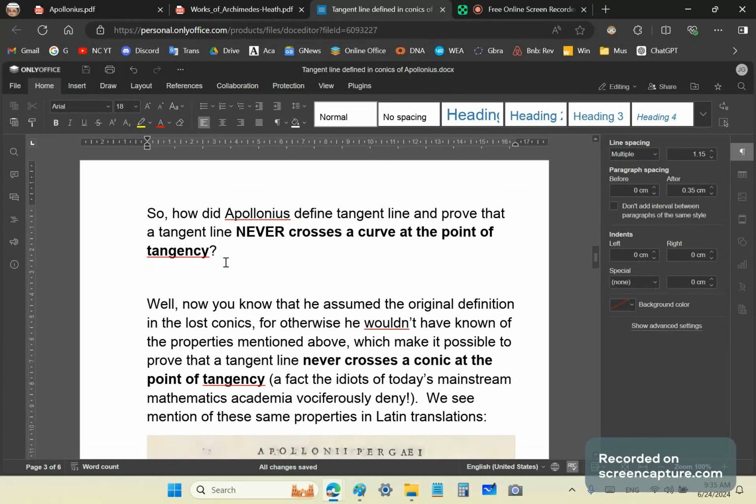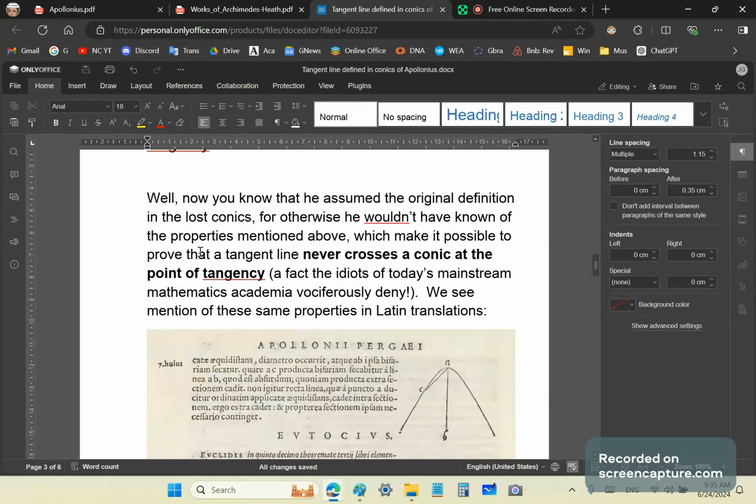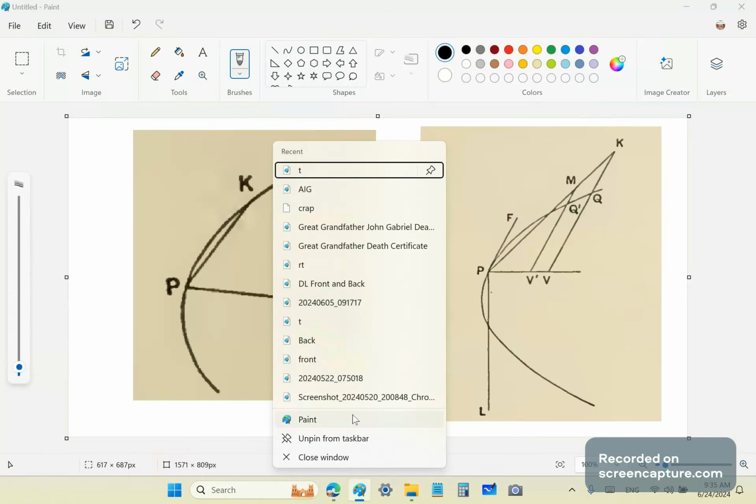So while he used the most primitive definition in the lost conics of Euclid, he still defined it in terms of its main property. Okay, and that's what I say over here. So a tangent line never crosses a conic at the point of tangency. And by the way, it applies to all curves, not only conics, as the mainstream thinks. Why? I'll explain to you in a moment.